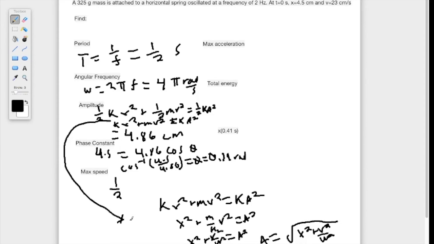So I'm going to do the max potential equals the max kinetic. So you get 1/2 mv squared equals 1/2 ka squared, and then we get that v equals omega a in the end, which is about 61 centimeters per second.